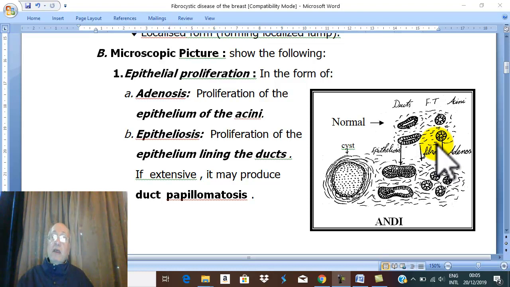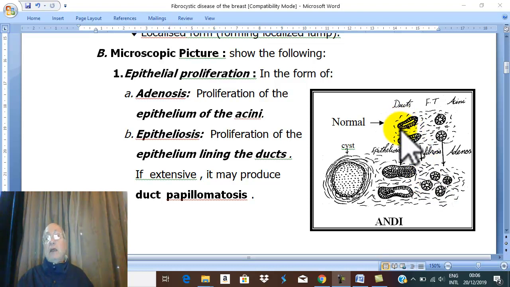At the end of the menstrual cycle, with a high level of hormones, mainly estrogen, acting on the hormone receptors in this part, what is the effect? The hormones stimulate the epithelium of the acini to proliferate, leading to an increased number of acini, and this is called adenosis.